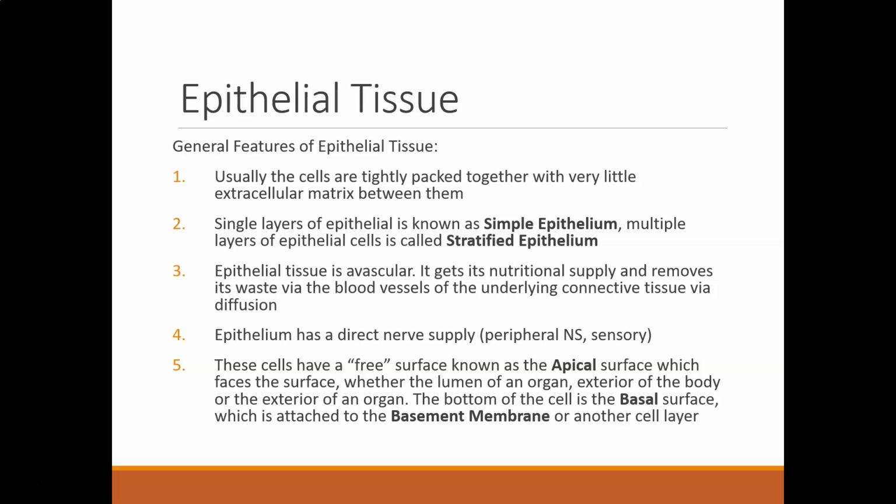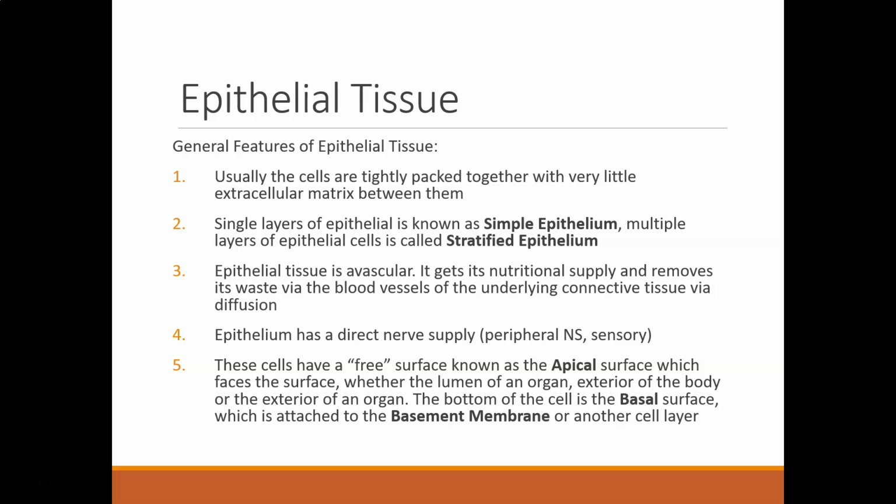Now, epithelial tissue is avascular. So if you've done your medical terminology, what does avascular mean? Remember that the letter A means without. So this means that epithelial tissue does not have blood supply. So epithelial tissue is said to be avascular. How does it get its nutritional needs met or its metabolic needs met?